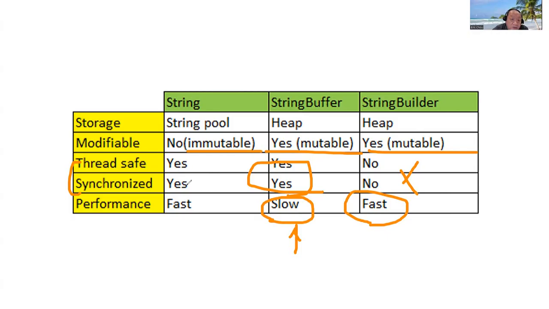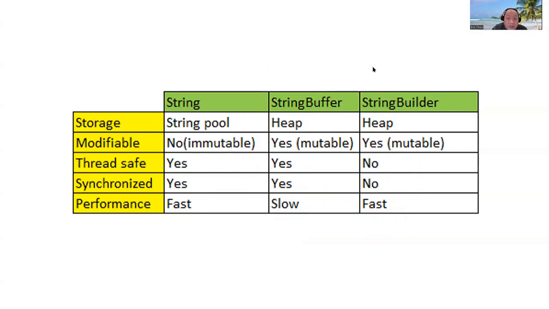So whether it's thread safe or not actually doesn't matter, right? Because by itself it is immutable. It cannot be changed. Is that okay? So whether it's synchronized or non-synchronized for string, it doesn't matter because it cannot be changed. So nobody will modify it. Okay.